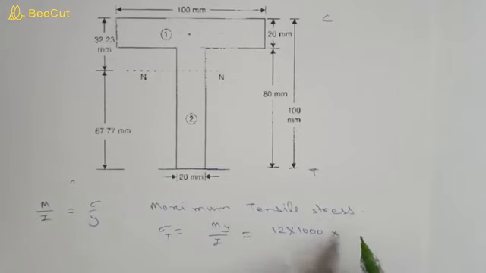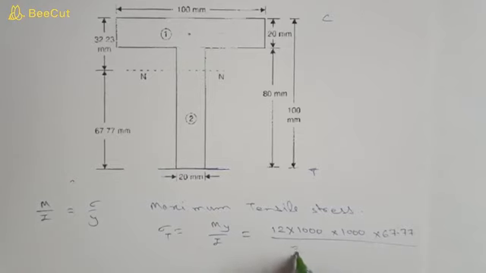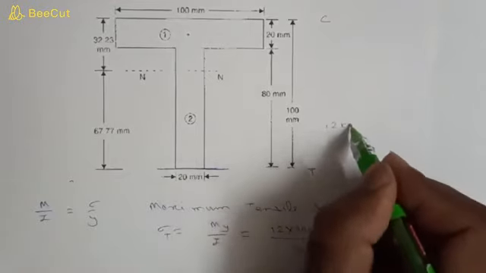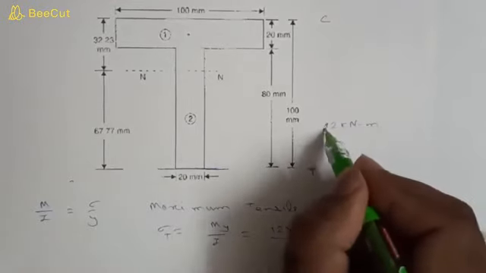If we calculate in mm, then it will become into 1000 mm, and y is 67.77 mm divided by I, which we have already calculated, I is equal to 3142222.4.